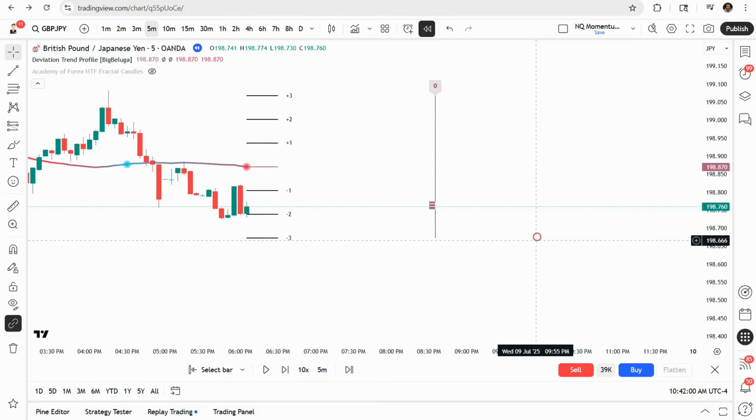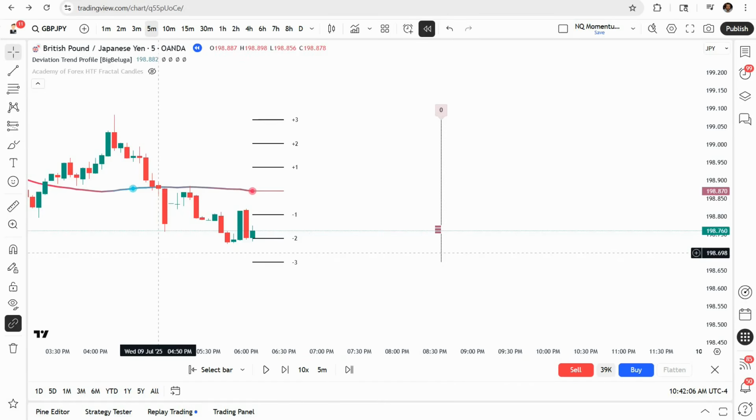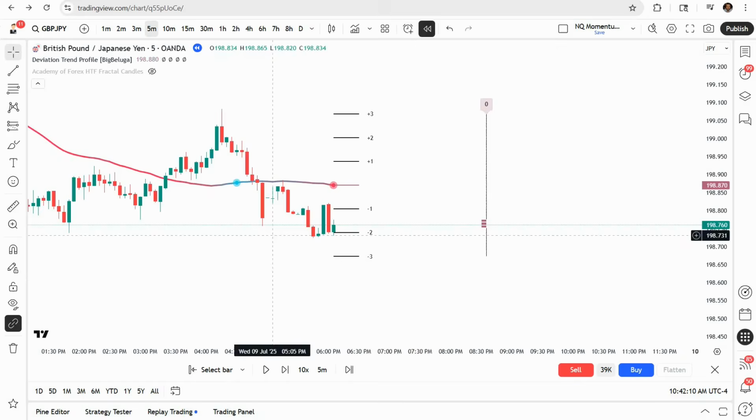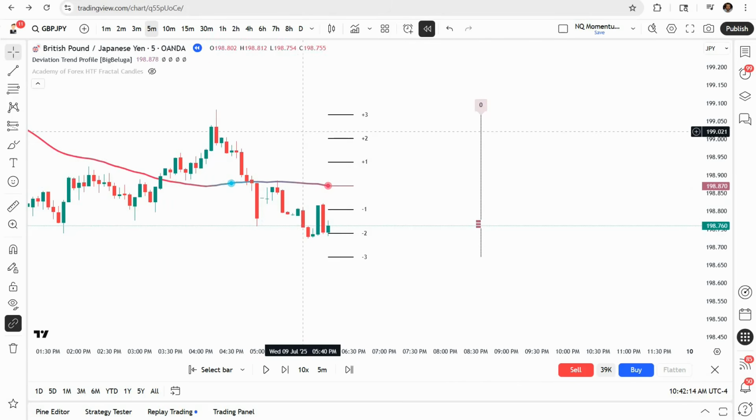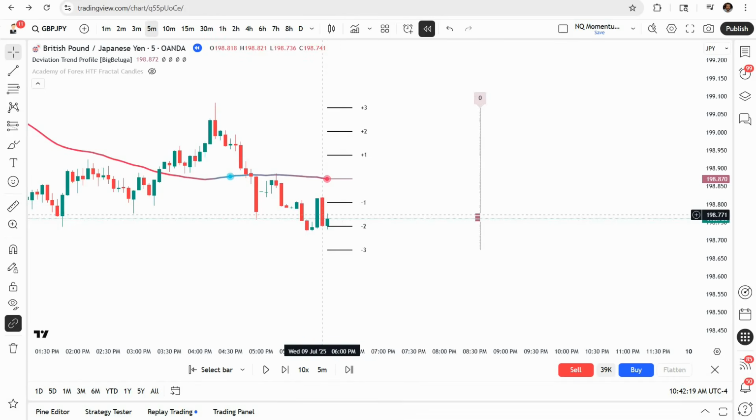The claim from the source video was that this indicator can predict exhaustion. What the indicator does is it creates this moving average. Within that moving average, we then have these deviations. Anytime price is trading within a particular deviation, it gives these histogram bars like this here.